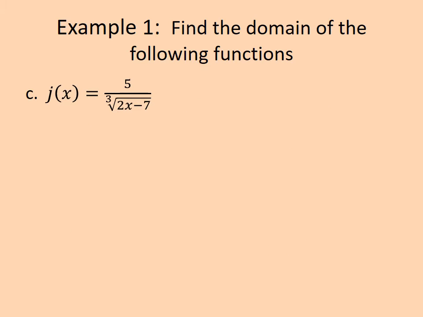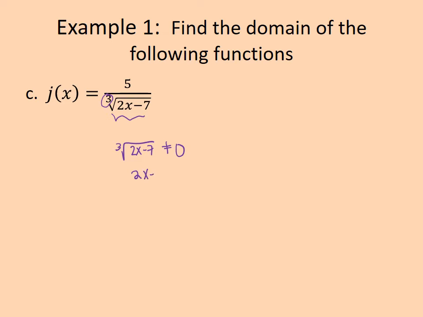For this example, we have a fraction and a radical. Now, the radical is an odd radical, so there's actually no domain restrictions with this radical. But we do have the cube root of 2x minus 7 in the denominator, and we cannot have that denominator equal to 0. So we must take the cube root of 2x minus 7 and say it does not equal 0 and solve that for x.